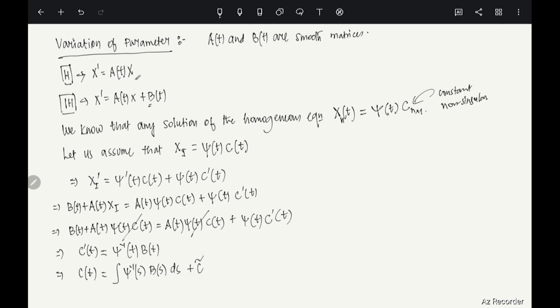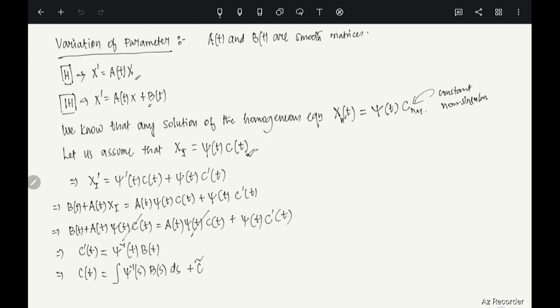Now if you see what our original solution is, which we are expecting, it is x is phi t times c t. So what is the inhomogeneous system solution we are assuming? We are assuming it is phi t times c t. And what did we get c t to be?